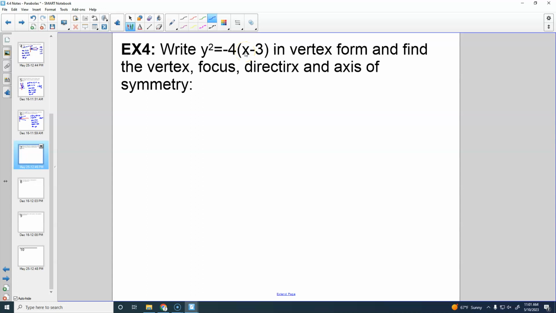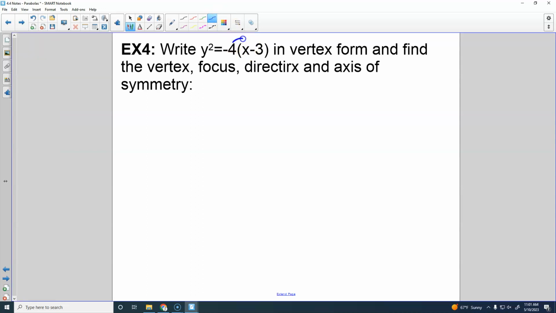So here is what I'm going to do. I'm going to distribute right here. So that's y squared equals negative 4x plus 12. And then in this case, I don't have just a plain y, right? I'm just going to solve this for x. I'm not going to have to put this into vertex form.